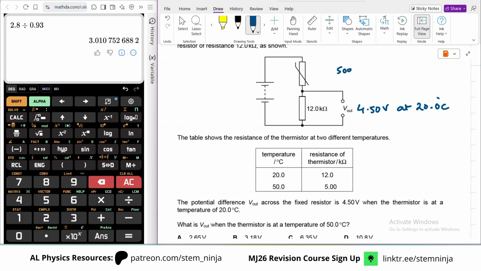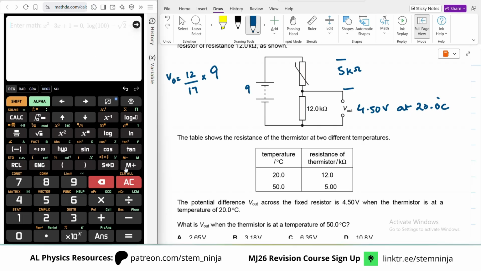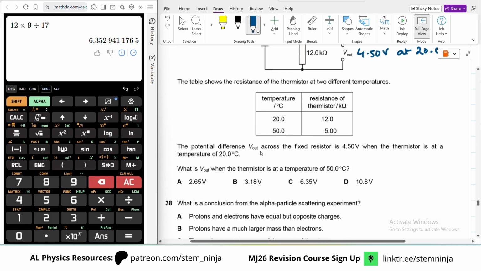So we can figure it out using the potential divider formula. 12 over 17 times 9, because 4.5 plus 4.5 would be 9. So 12 times 9 divided by 17 is 6.35.